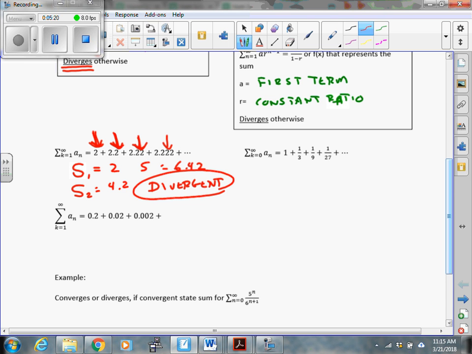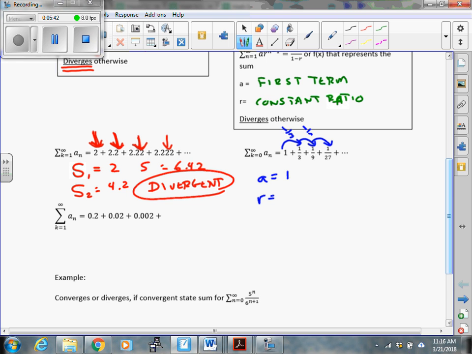The next example here. Anytime I see a series, I'm going to write out each term. And as I do so, I'm hoping that each term will demonstrate a constant multiplier. Here, I can assess that the first term is 1. My ratio is, well, let's see. If I multiply by 1/3, I get 1/3.